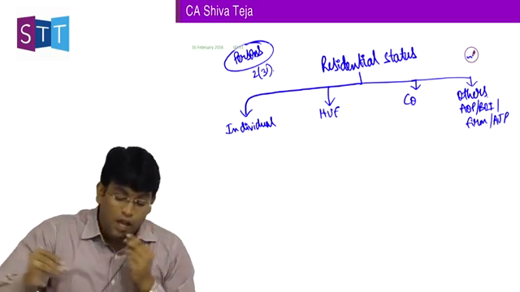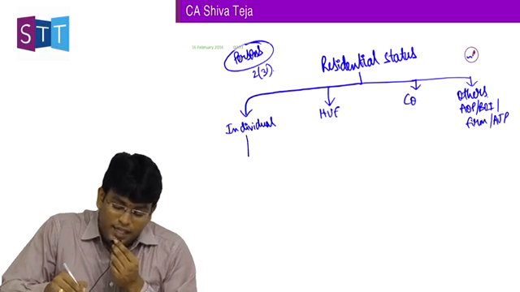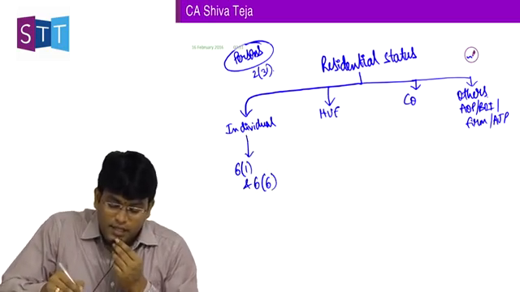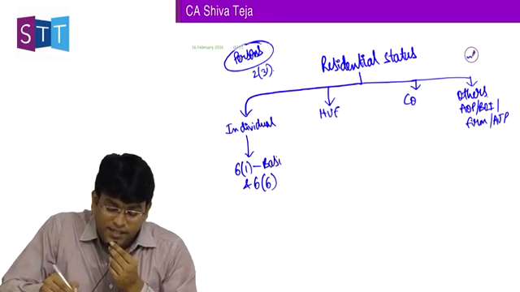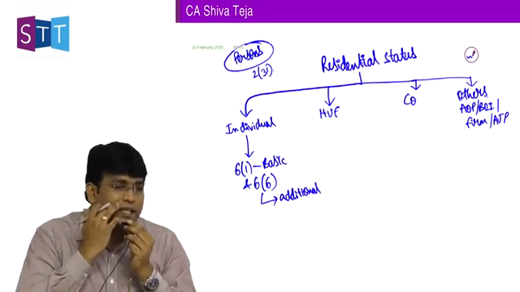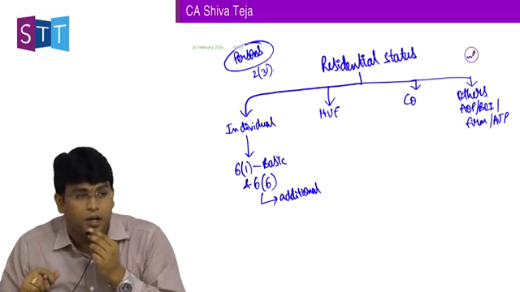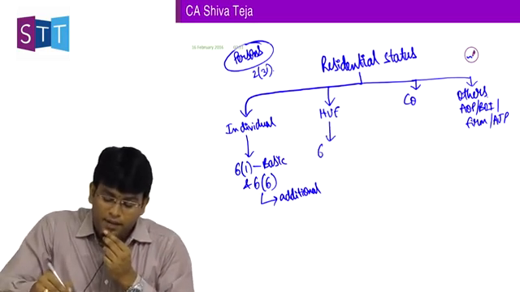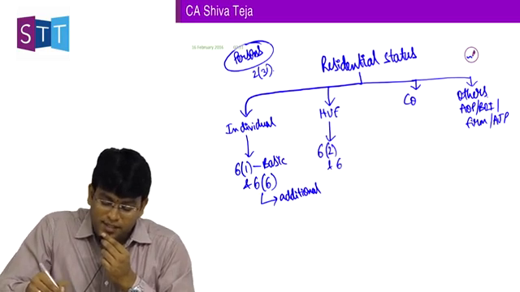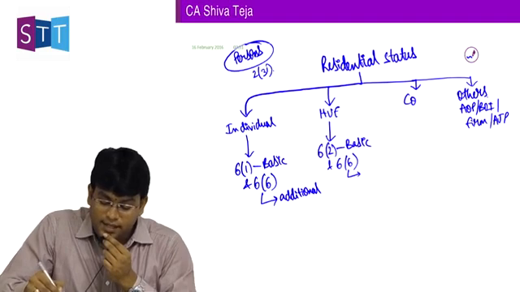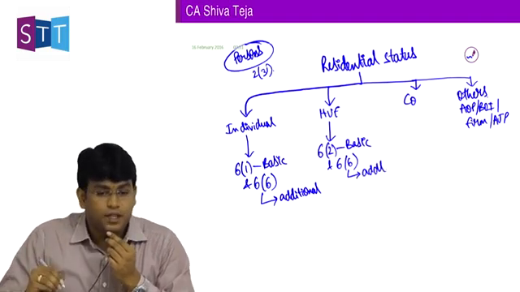Correct, my dear friends? For individual, it is governed by section 6(1) and section 6(6). 6(1) talks about some basic conditions, 6(6) talks about some additional conditions. What is basic and what is additional, we'll discuss in detail because there are some important points to be learned there. Next, HUF is governed by 6(2) and 6(6), where 6(2) is the basic condition and 6(6) is the additional condition.